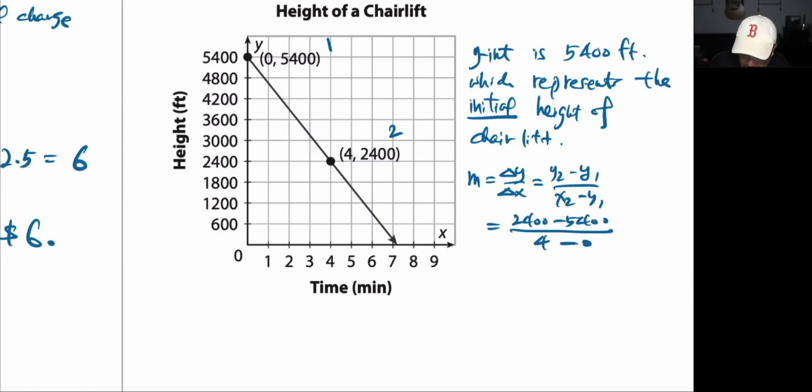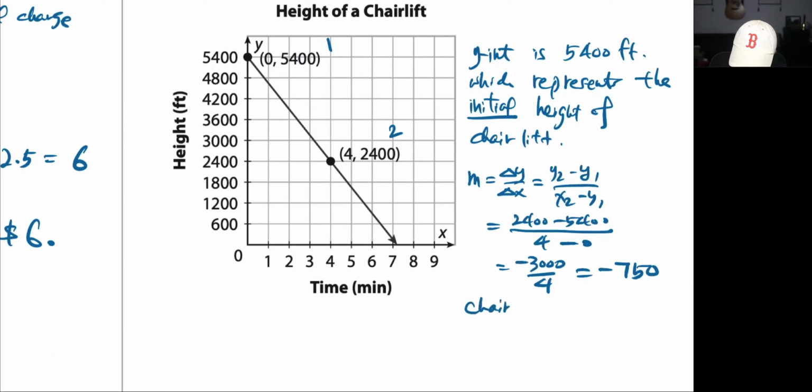That turns out to be negative 3,000 over 4, which is negative 750, basically negative 750 over 1. So for every 1 minute, it descends 750 feet.